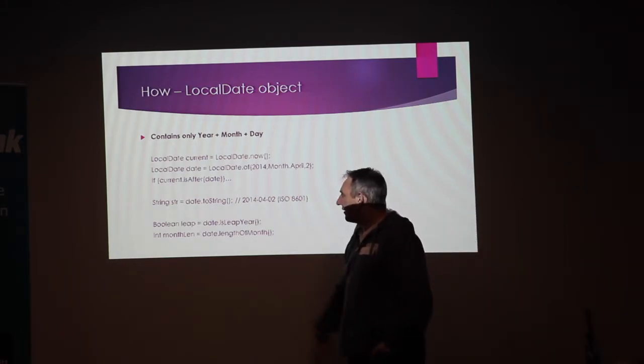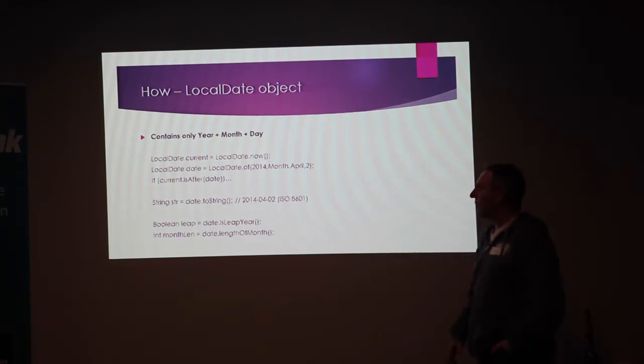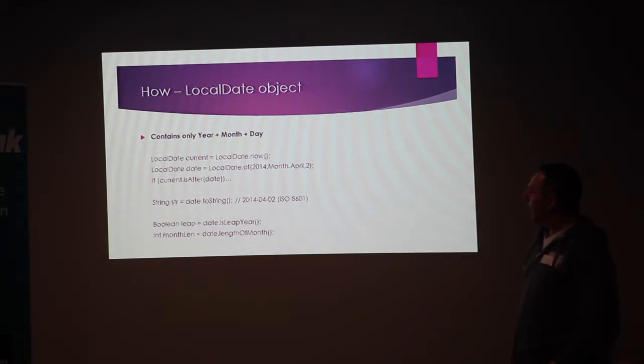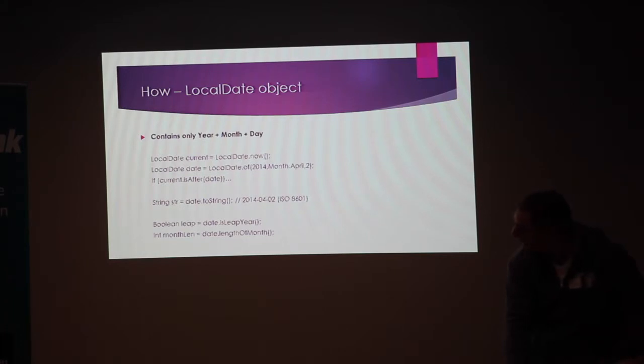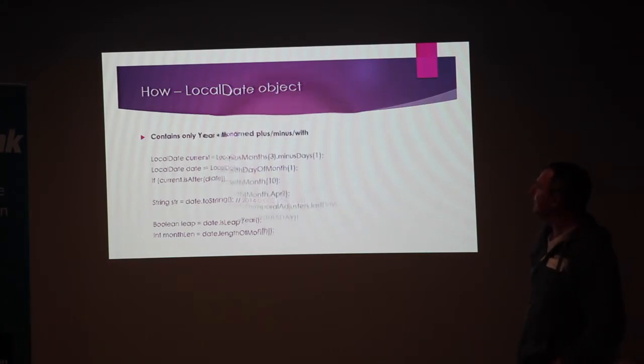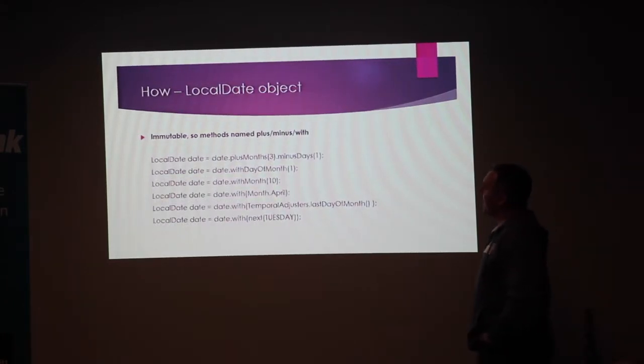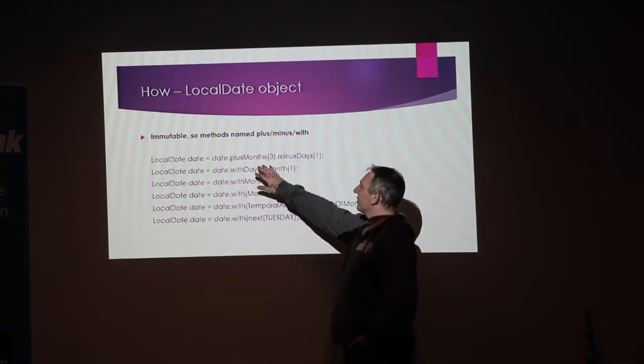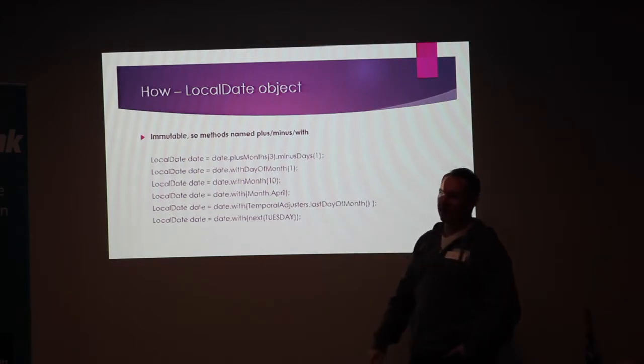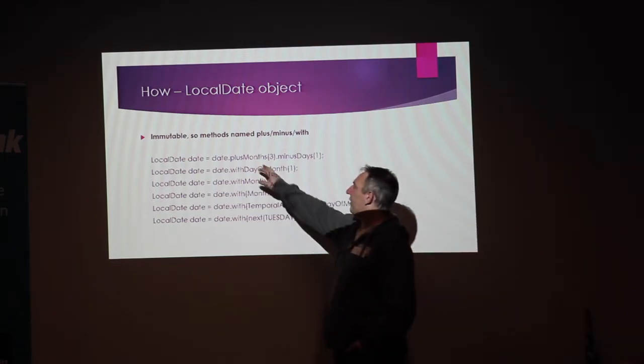There's also some other handy things. So you've got things like isLeapYear, lengthOfMonth, and you can also now manipulate these objects using some of these new methods, like there's a plusMonths or a minusDays, plusYears, minusYears, and so on and so forth.